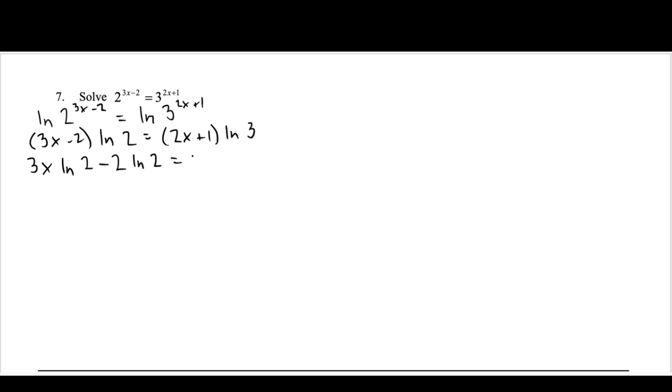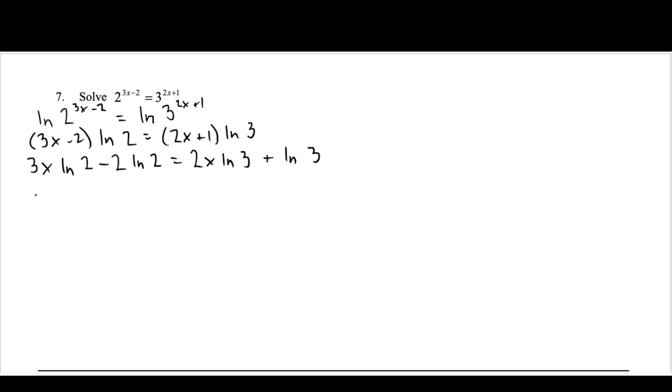On the right I have 2x ln 3 plus ln 3. Then I want to rearrange terms, put everything that has an x on the left, everything that doesn't have an x on the right. So that means this 2x ln 3, I'll subtract that from both sides, and 2 ln 2 I'll add to both sides.